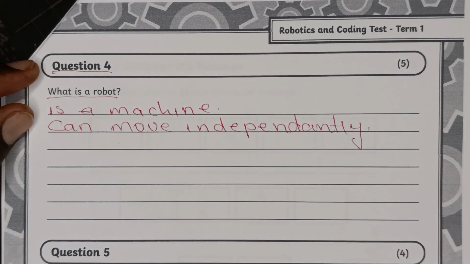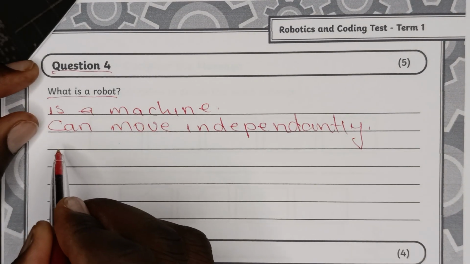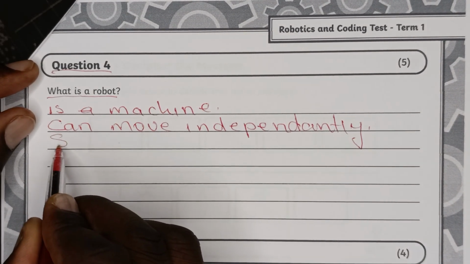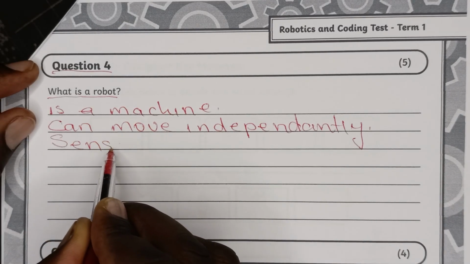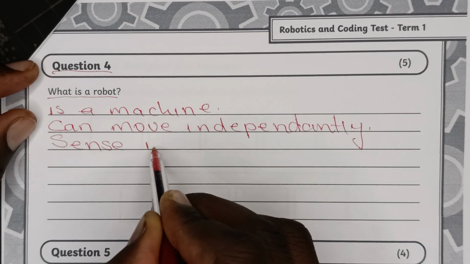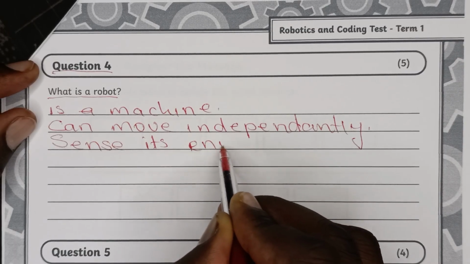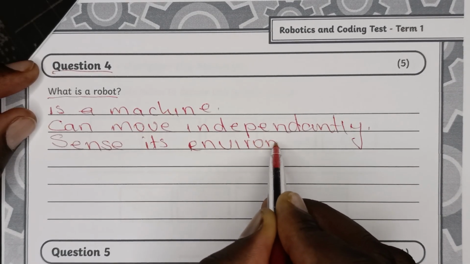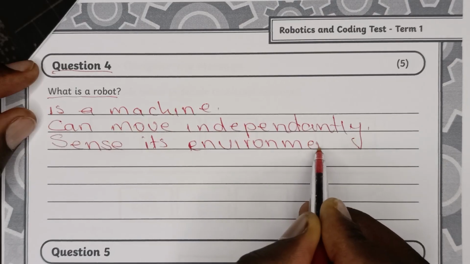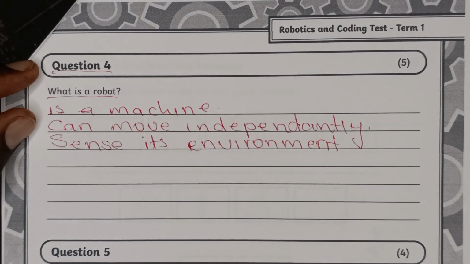So it means it does not need you to move it.